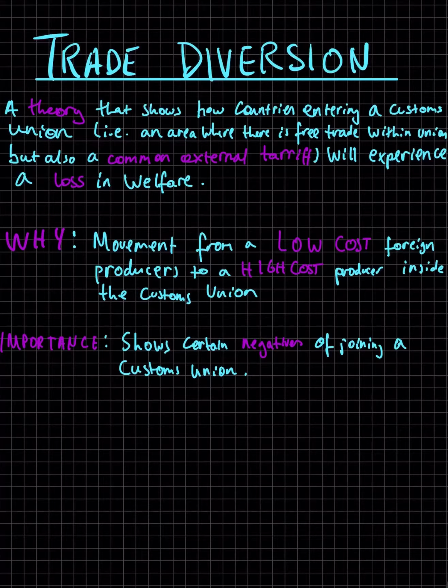So why does this happen? That's because the countries in question are moving from a low-cost foreign producer to a high-cost producer. Before, you might have been importing from a country, but then you enter your common union, and you're forced to put a higher tariff on them. This is important because it can show the negatives of joining a customs union.